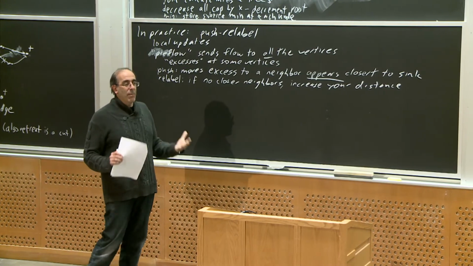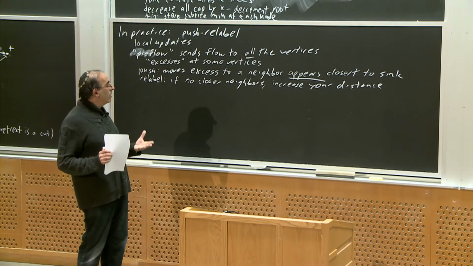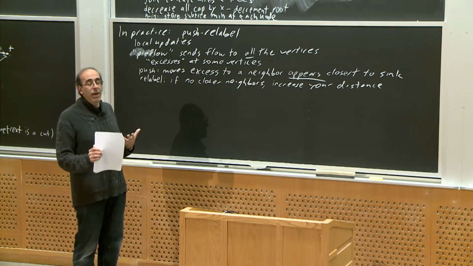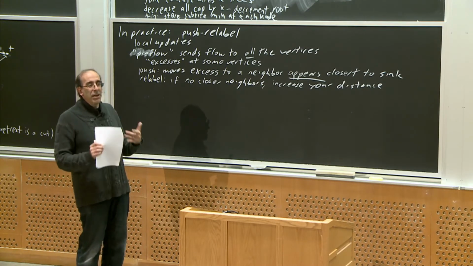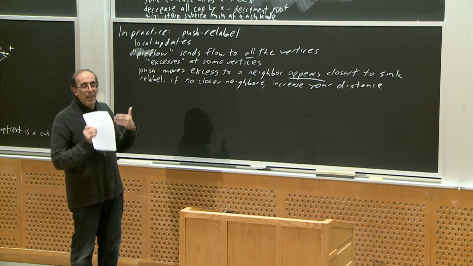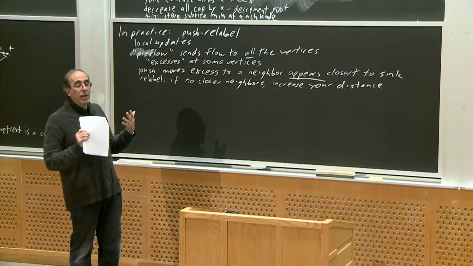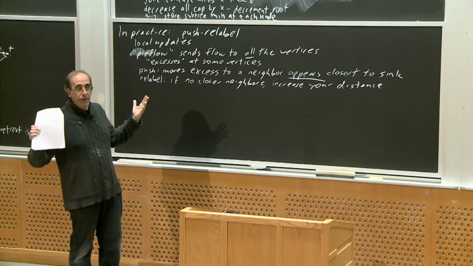And you keep on doing these operations until your vertices have gotten such large distances that they're farther away than the source, and then the excess that remains gets pushed back to the source. And that's how you take care of getting rid of the excess. And eventually, there's no excess anywhere, and then you have an actual max flow.